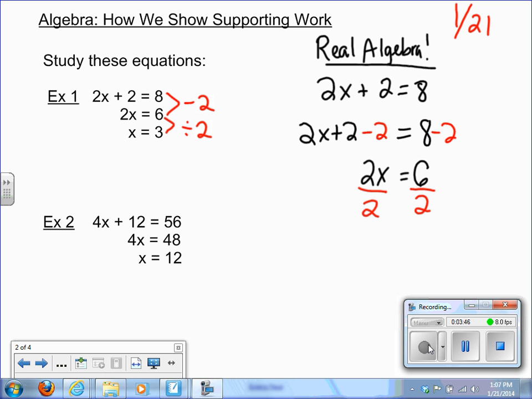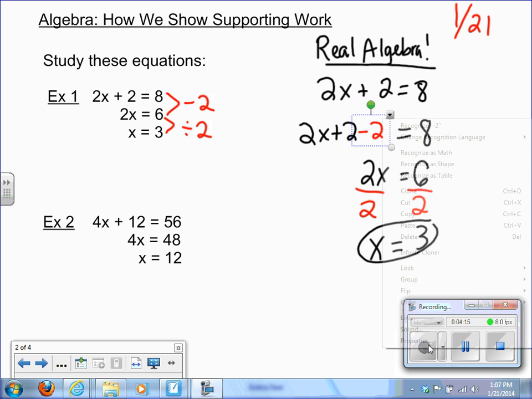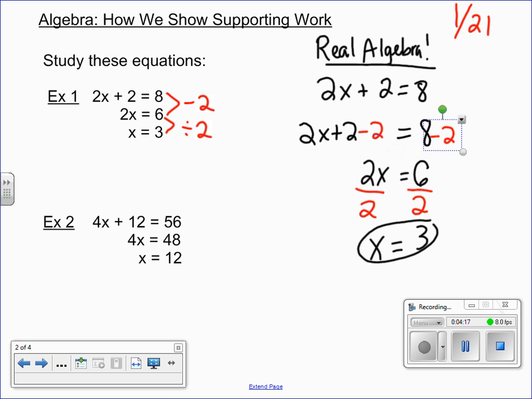I'm dividing both sides by 2. What's 2 divided by 2, kids? 1. 1 times x leaves me with x. 6 divided by 2 is 3. So we still get our same answer. And really, the only difference is the red. Okay? 2x equals 6, x equals 3. Let's throw that red algebra back in there.